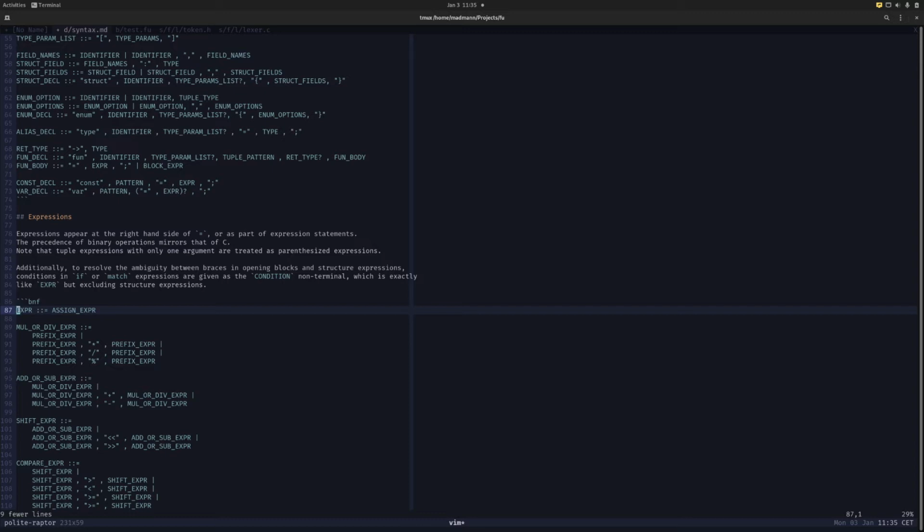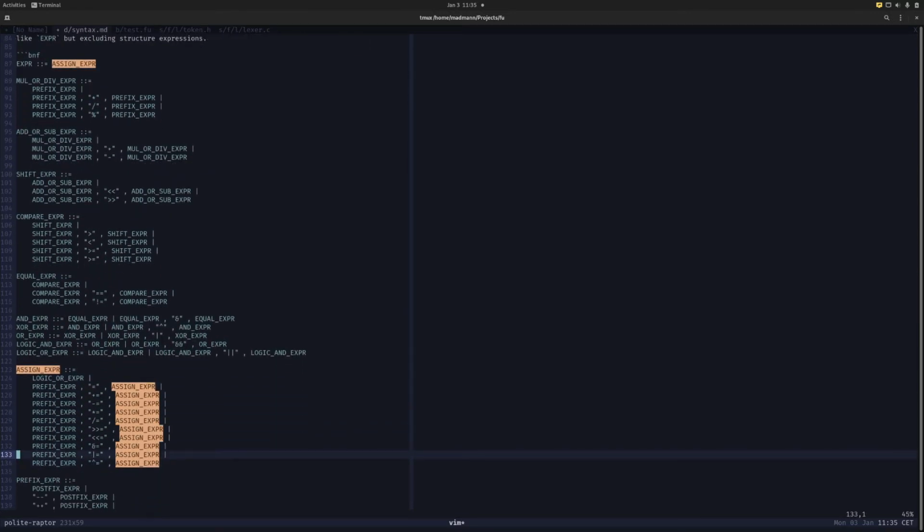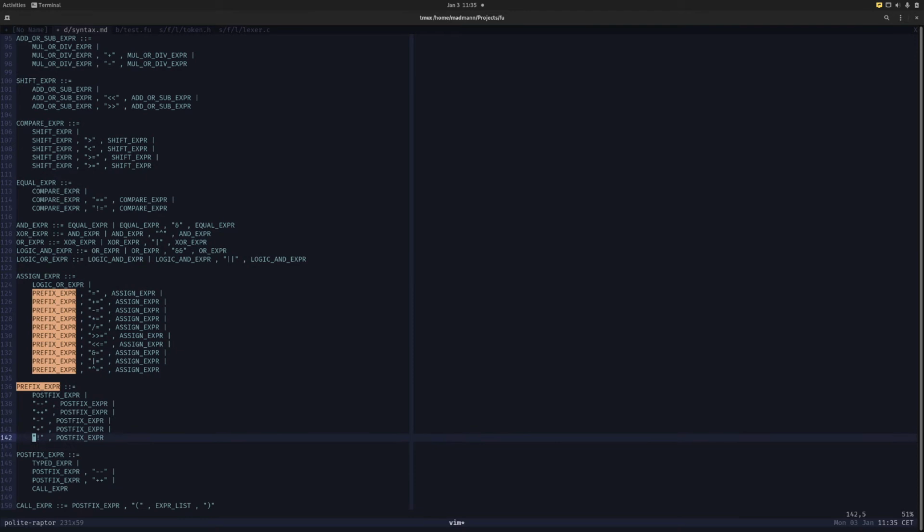So to start, we have an expression is an assignment expression, and I have to look at what an assignment expression is. An assignment expression is either a logic OR expression, or it's a prefix expression followed by equals, followed by another assignment expression. And the prefix expression is something that has a prefix in it, so minus, minus, plus, plus, minus, plus, or bang.